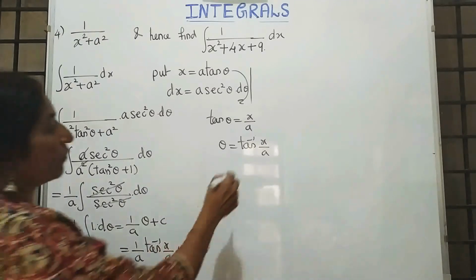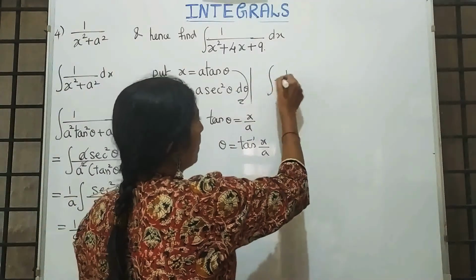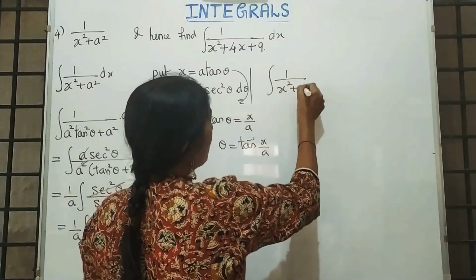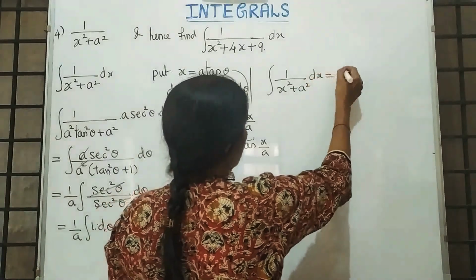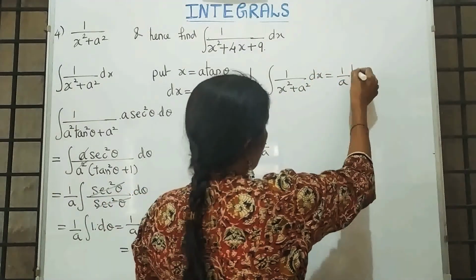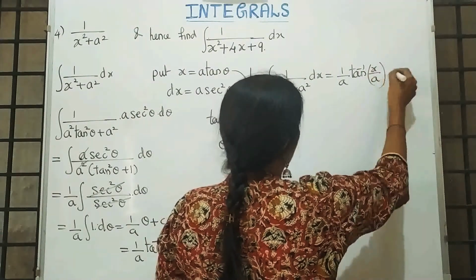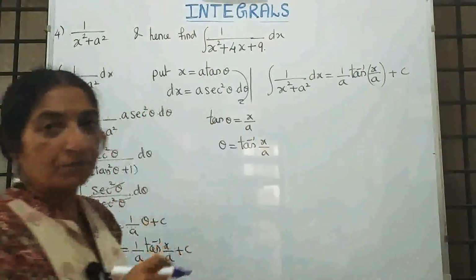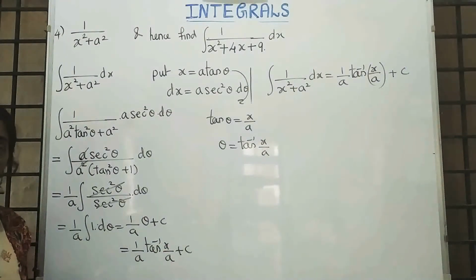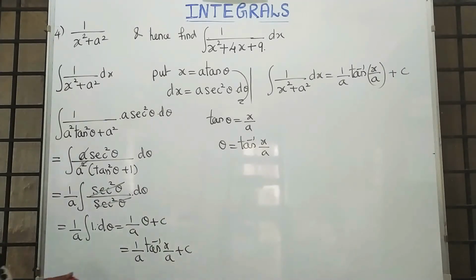That means what is the formula? 1 upon x square plus a square into dx is 1 by a tan inverse x by a plus c. So very simple derivations they are. Only thing, practice is required here, and after that we have to go for the example.